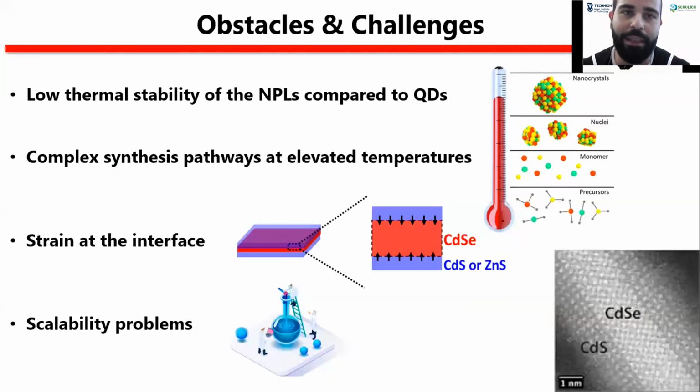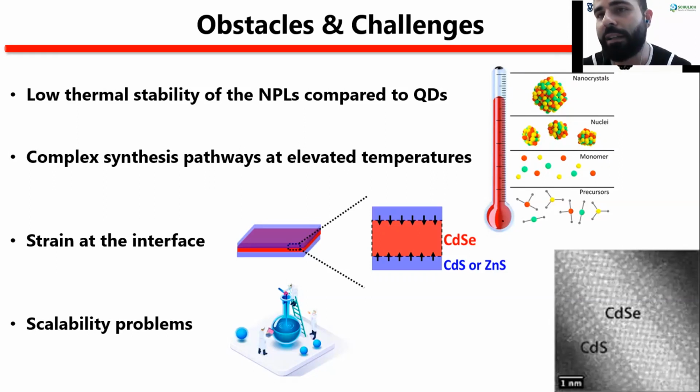Now, this is not the full story. We have so many obstacles and challenges in this field because first, the nanoplatelets have a low thermal stability compared to quantum dots. As we saw before, we can prepare the quantum dots and the core shell of the quantum dots at high temperatures.